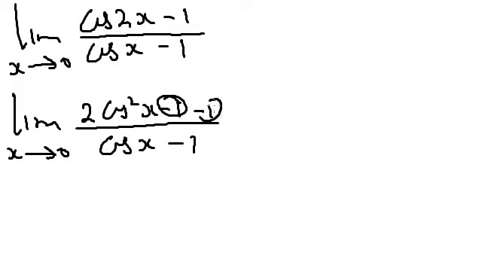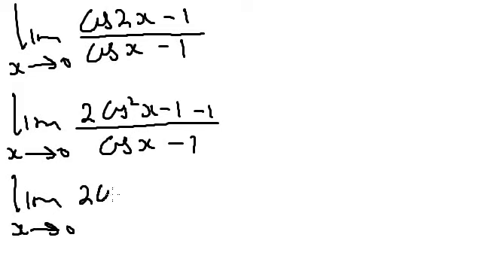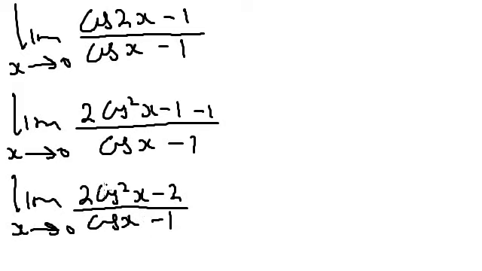Now, minus 1 and minus 1 is minus 2. So we can now have the limit as x approaches 0 of 2 cosine squared x minus 2, all divided by cosine x minus 1.